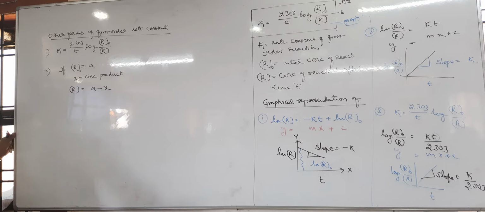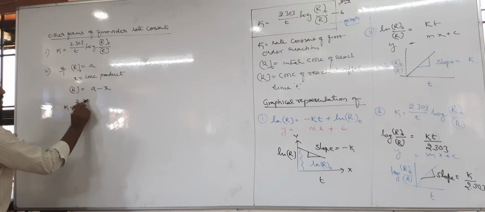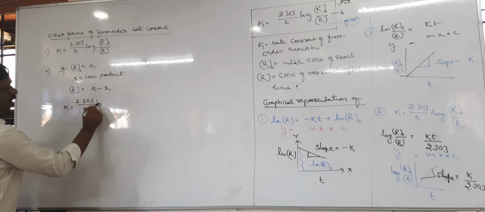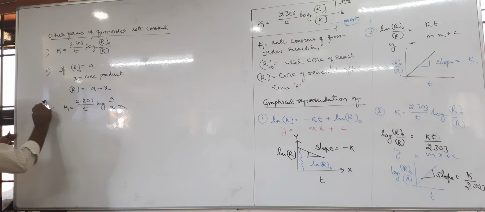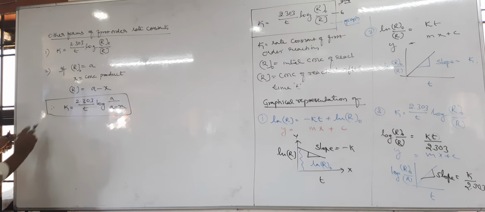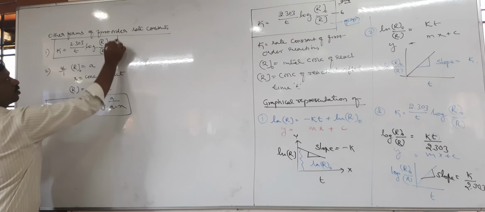That means r equals a minus x. You should remember it. So k equals 2.303 by t log a by a minus x. This is important for problems. It is the second form of the equation, and that was the first form.